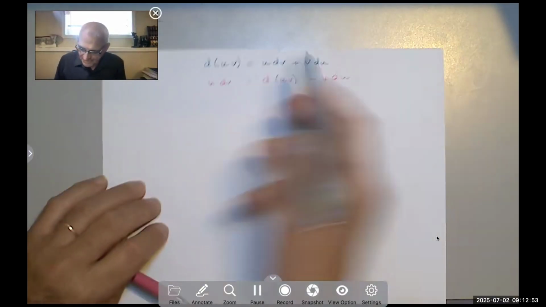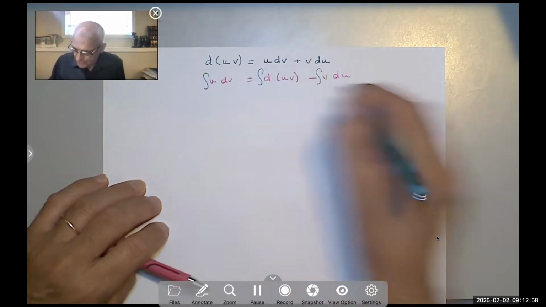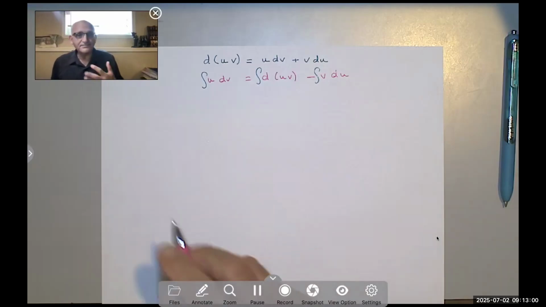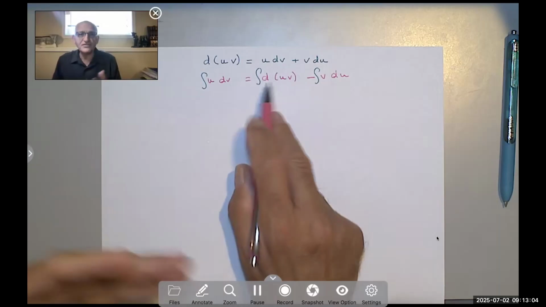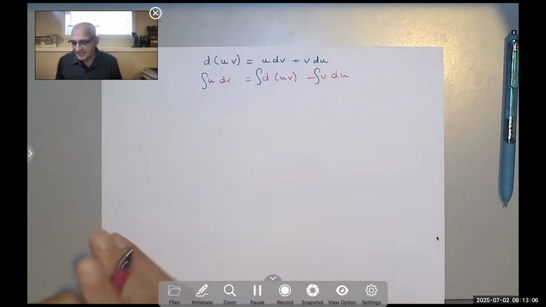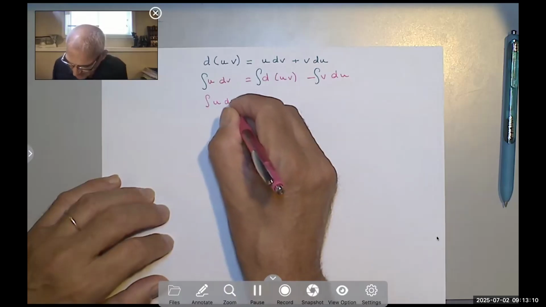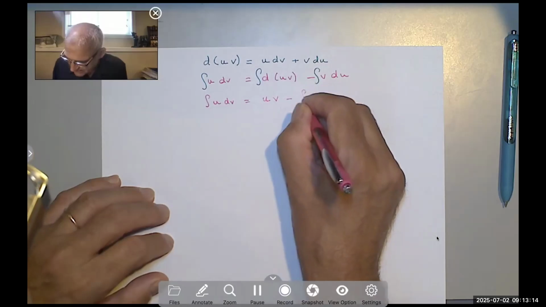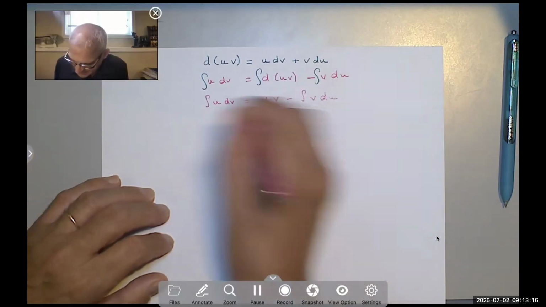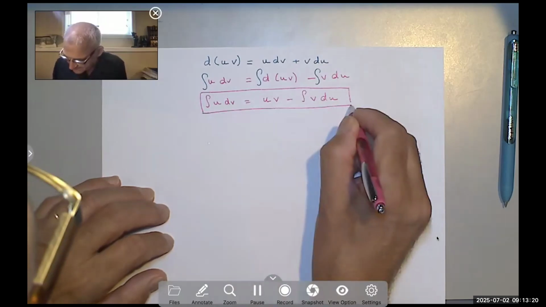And then if I integrate these three terms, according to what you learned, the integral of the derivative, these are inverse operators, they cancel each other, and you get the integral of u dv equals u times v minus the integral of v du. And that's basically the essence of integration by parts.